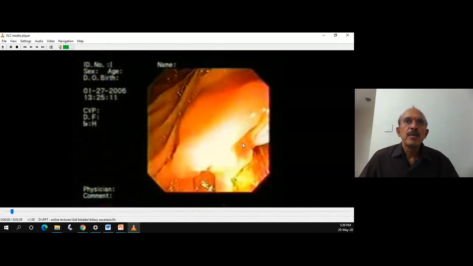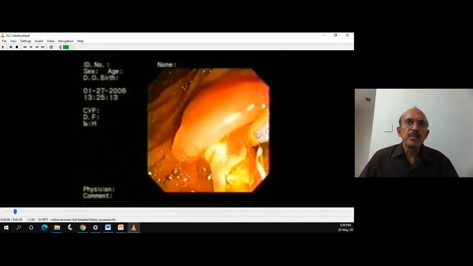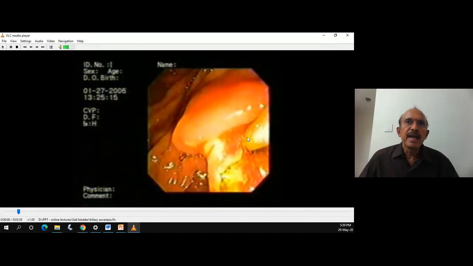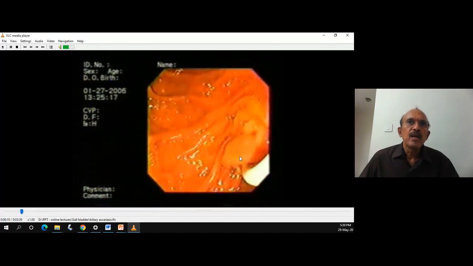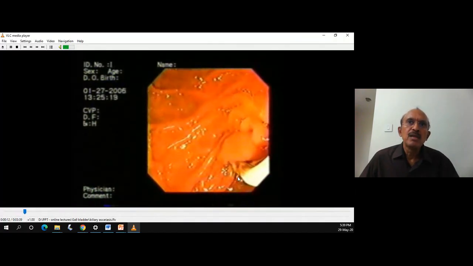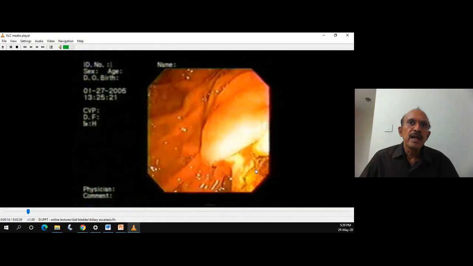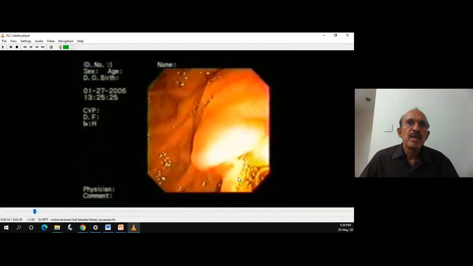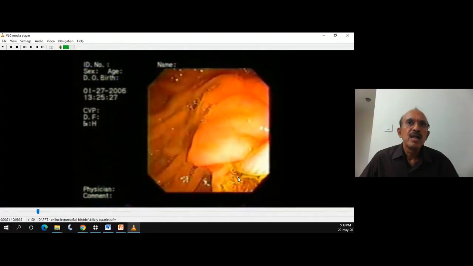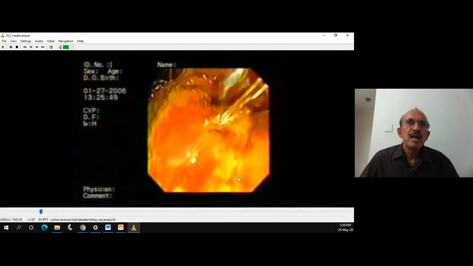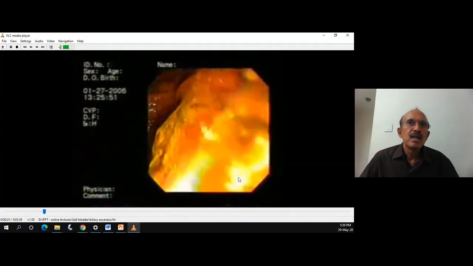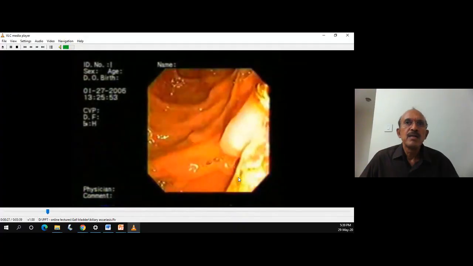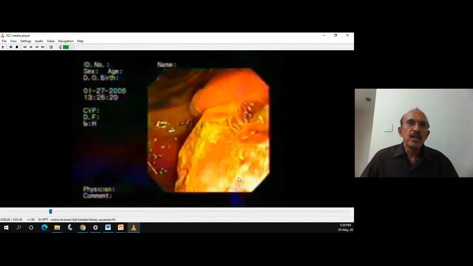You can see to the papilla of Vater, a cannula is being sent and ERCP dye has been injected. Then a worm was found. Then a basket was passed into the papilla of Vater. So it was a failure.